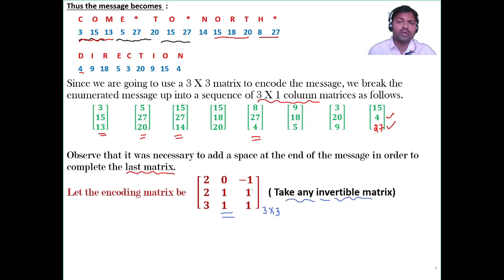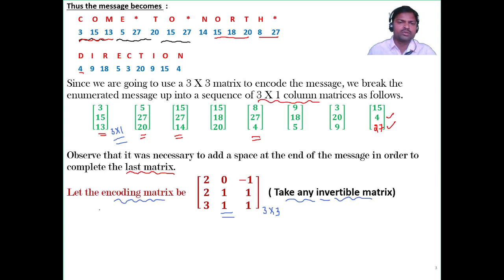If you take a 4 by 4 matrix, then the enumerated message should be in columns of 4 by 1. Here I have taken 3 by 1 column matrices because I have taken an encoding matrix of 3 by 3. If your encoding matrix is 5 by 5, then your enumerated message should be in the form of 5 by 1 column matrices.